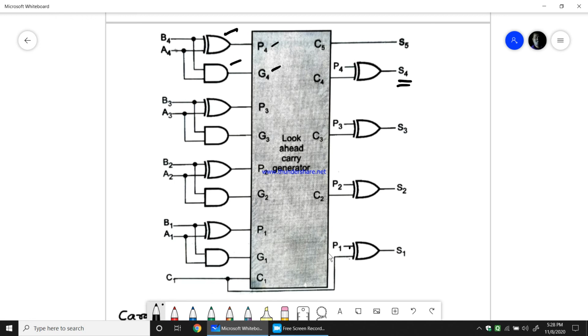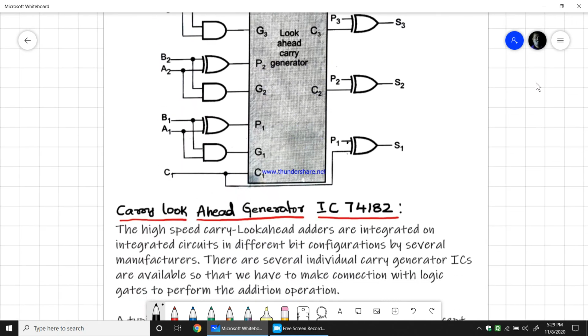First C1 is given, then C2 is obtained from P1 and G1, C3 is obtained from P2 and G2, and then C4 is obtained from P4, G4, P3, G3, P2, G2, P1, G1 and so on, and finally you will get the sum values. So the carry look ahead generator is completely dependent on generating P and G values, which needs an XOR gate and an AND gate. So this is what the carry look ahead generator or look ahead carry generator is.